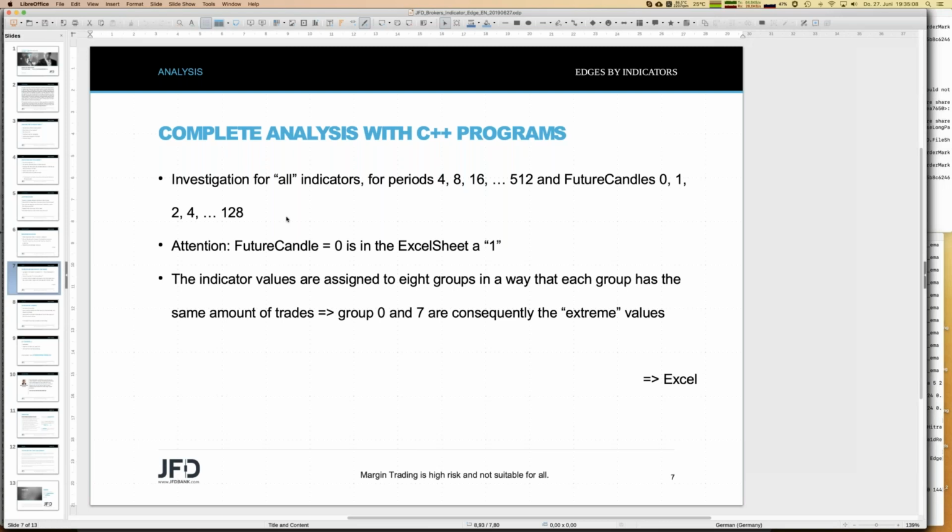The reason is the following. Within the Excel sheet, I explained a minute ago, the first we can do is we could virtually open a trade at the next open of the candle and close that trade at the close of that candle. And in the previous Excel sheet, I called that duration 1. It would be, or it is better to call that duration 0 because it's the same line, it's the same column, the same row.